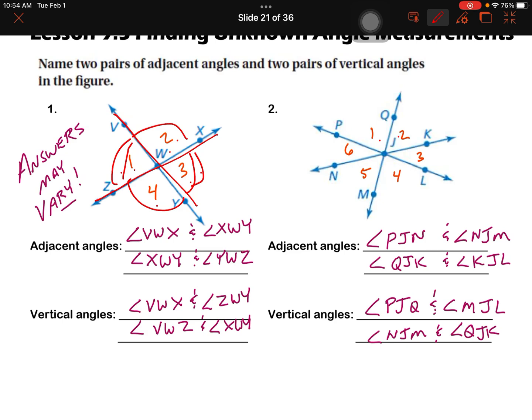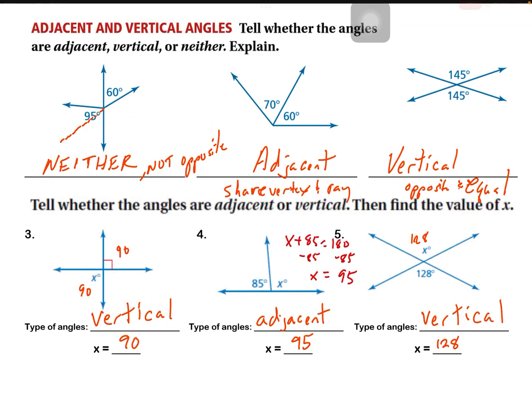And then there are more than what we see here, but we would have angle 1 and angle 4 are vertical to each other. Angle 2 and angle 5 and angle 3 and angle 6 would be vertical to each other. As we look here, this question, neither. They are not opposite, okay, because those were not two straight lines that intersected.